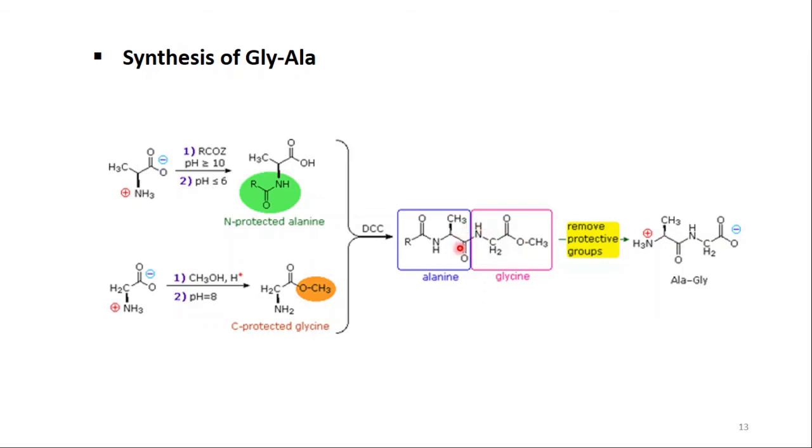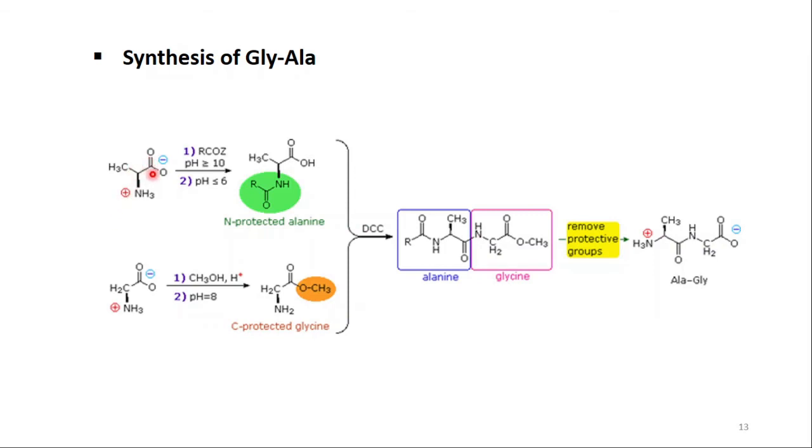Where is the amide bond? CONH. This is the amide bond formed between these two. Now you start from alanine, that is NH2, CH3, and COOH. Okay, this is alanine. You started with alanine.